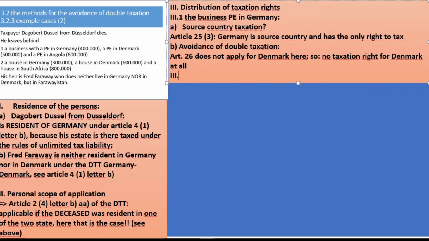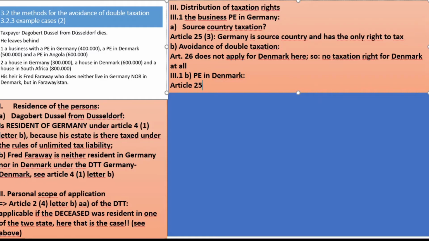3.1, let's call it B, the PE in Denmark. Now, Article 25.1 should say that would be expectable that Denmark may tax the Danish PE because Denmark is the source country.